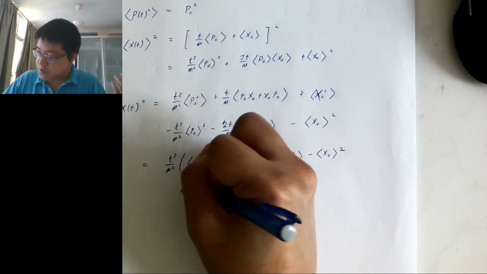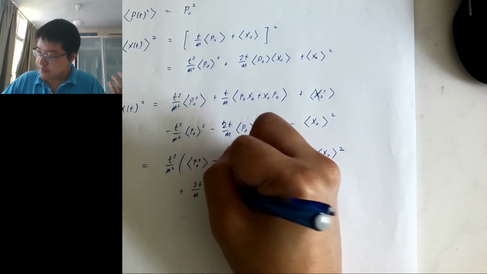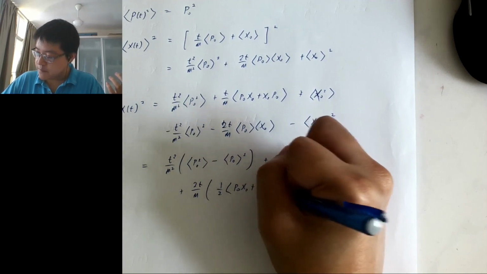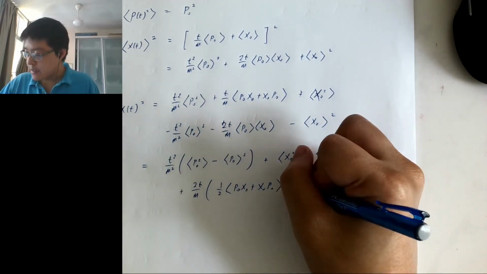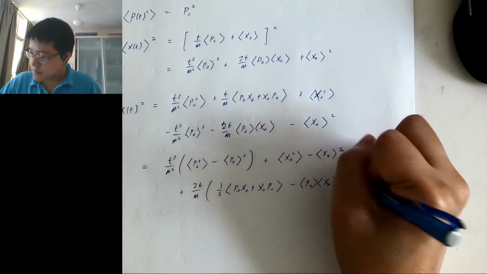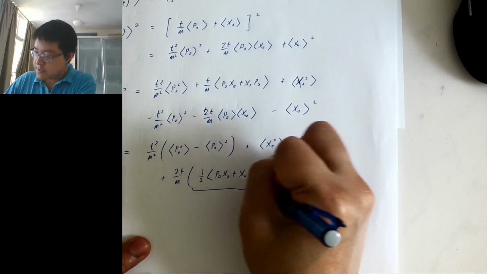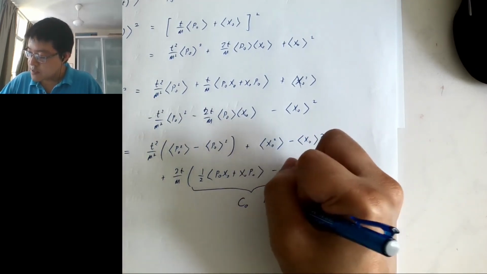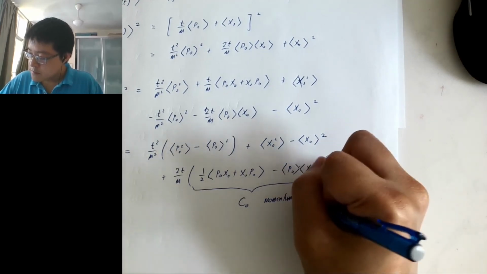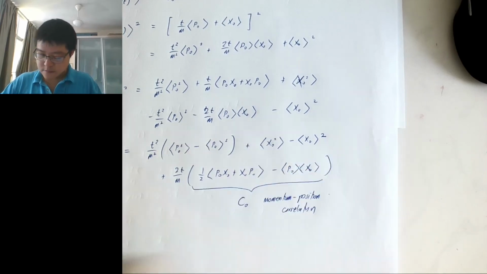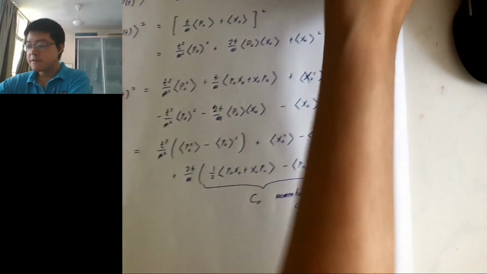Let's take out the 2t over m outside, and therefore I got half px plus xp, and then this term is minus px. So this was where we stopped in the last class. This is what we call the momentum position correlation. That was where we left off last time.